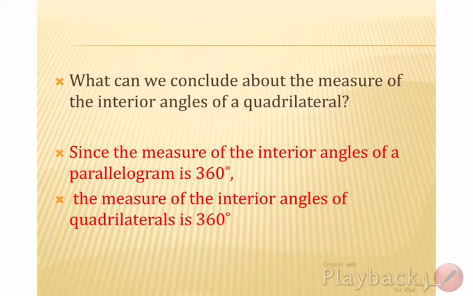What can we conclude about the measure of the interior angles of a quadrilateral? Since the measure of the interior angles of a parallelogram is 360 degrees, the measure of the interior angles of quadrilaterals is 360 degrees, because parallelograms are a form of quadrilaterals.